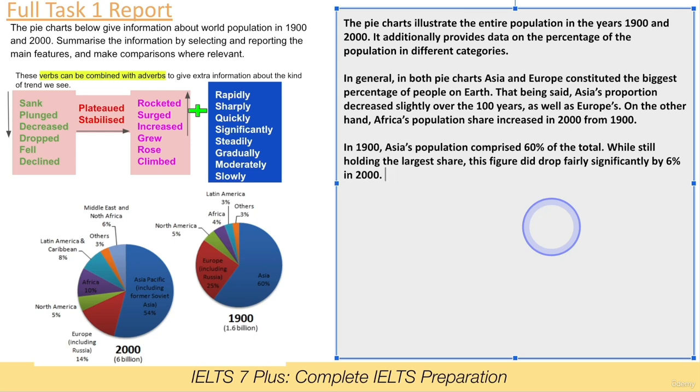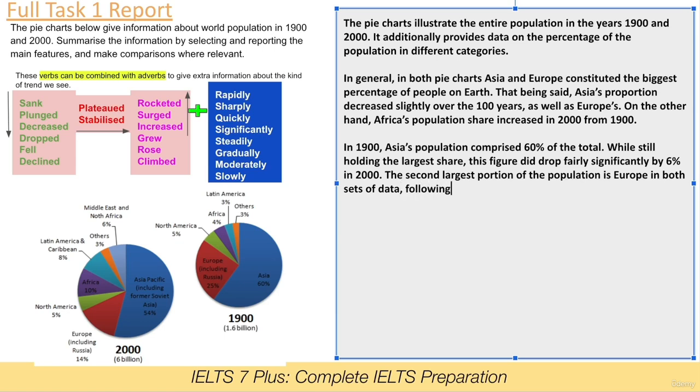Okay. Now let's talk about Europe following the same trend. So the second largest portion of the population. It's hard to find synonyms always for that word. Is Europe. In both sets of data. We could say following the same trend as Asia.